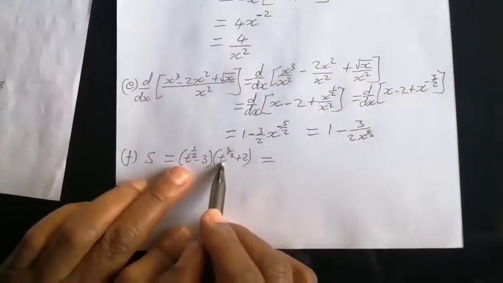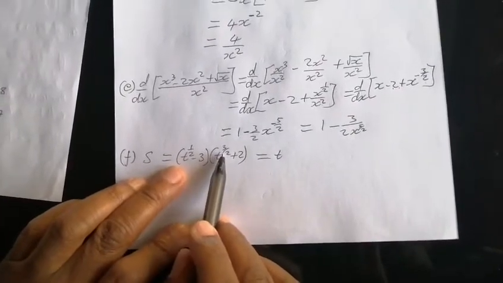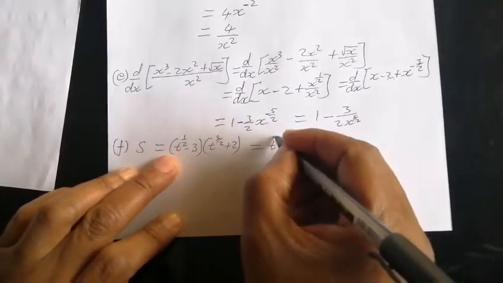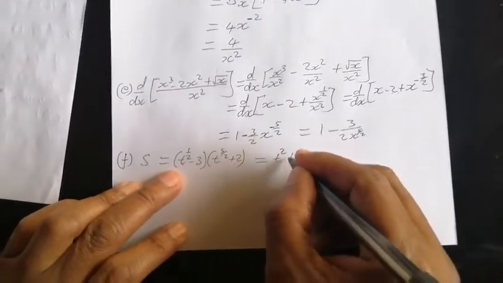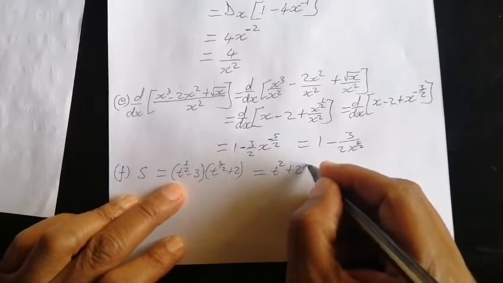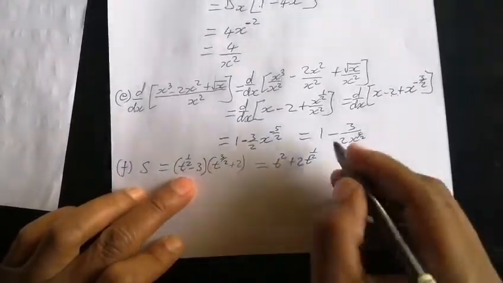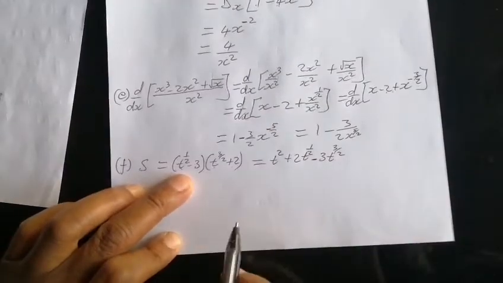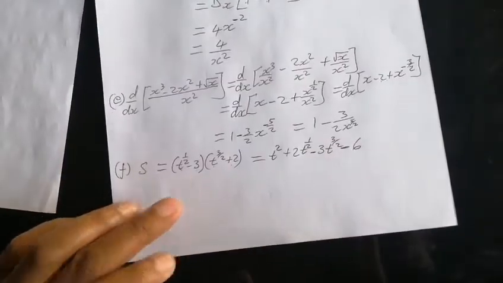This times this, we get t to the power 2, because it will be 1 plus 3, that's 4 divided by 2, that's 2. This times this, it will be plus 2t to the power half. 3 times that, it will be minus 3t to the power 3 over 2. Minus 3 times 2, that will be minus 6.